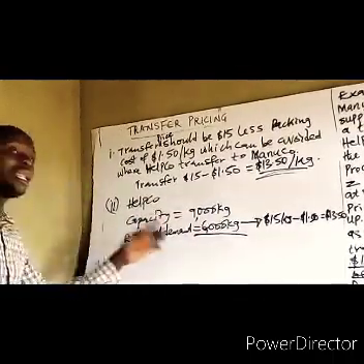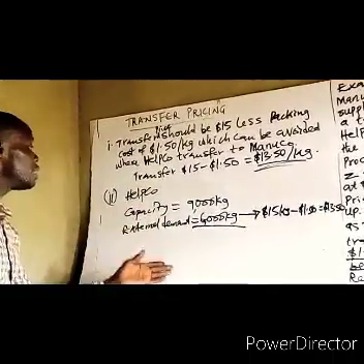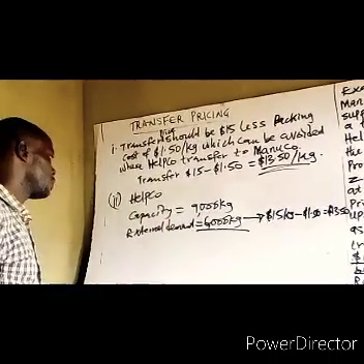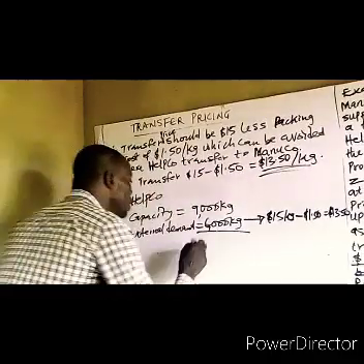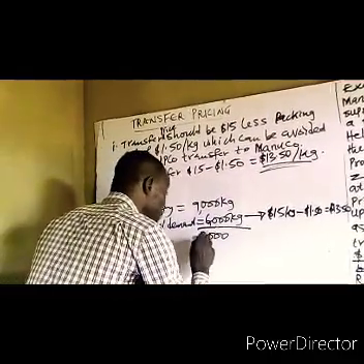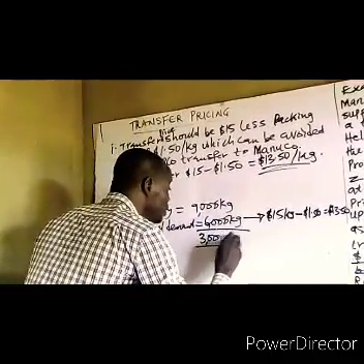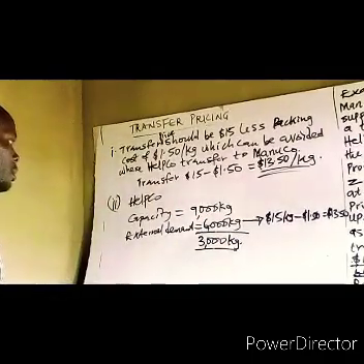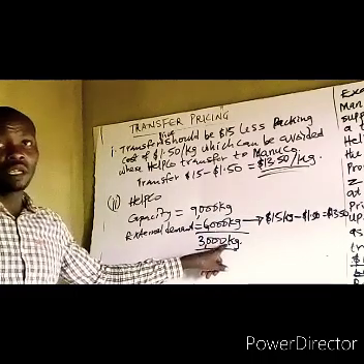Since there is a demand limitation, I've told you that anytime there is a demand limitation, you are going to make use of the opportunity cost of making the transfer. So for the 3,000 kg which cannot be sold externally, you make use of the opportunity cost of making the transfer.